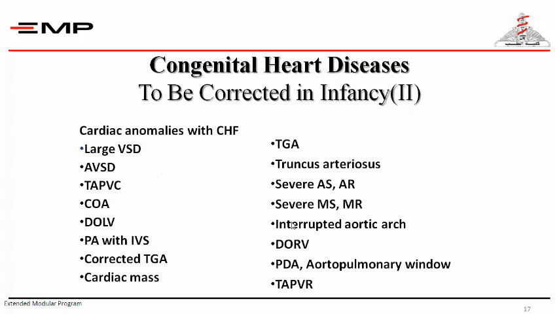And those to be corrected in infancy or later in childhood, such as VSD, atrioventricular septal defect, non-obstructive total anomalous pulmonary venous connection, coarctation, double outlet left ventricle, or severe aortic stenosis.